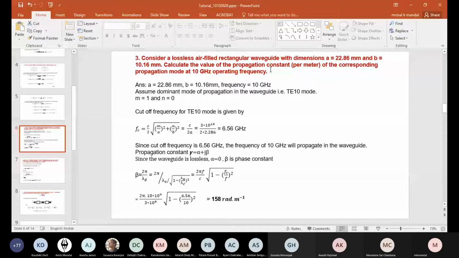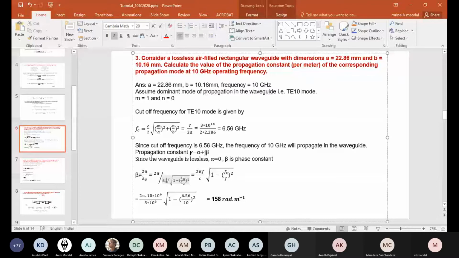Well, so AB dimension is given, then we can directly calculate by using the formula. So the formula, if you go through the slides, beta can be represented as twice pi f by c times square root of 1 minus (fc by f) whole square. f is the operating frequency, fc is the cutoff frequency. So let us first calculate the cutoff frequency.